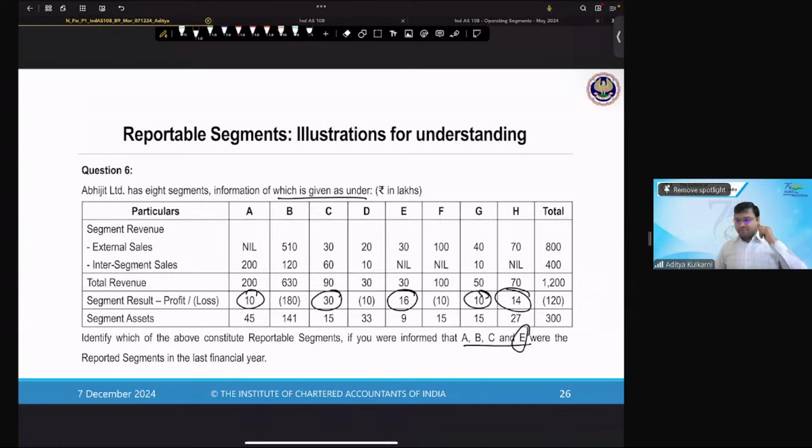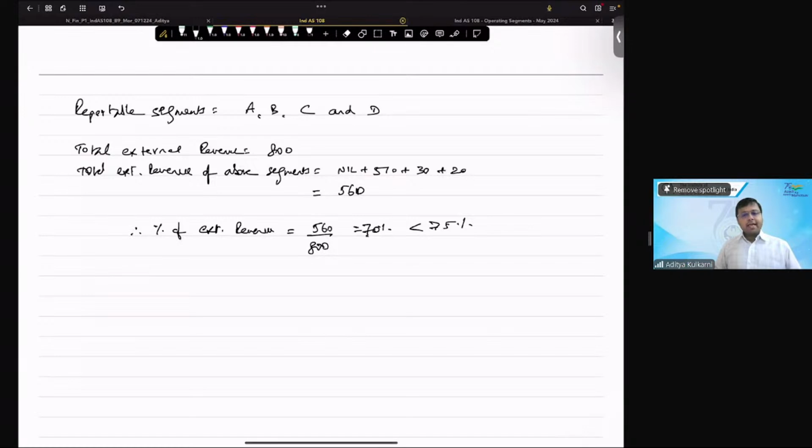Yes. Last year, E was a reportable segment. This year, A, B, C, and D are reportable; technically speaking, E is not reportable based on the criteria. But will the reader be benefited if I make E a reportable segment?